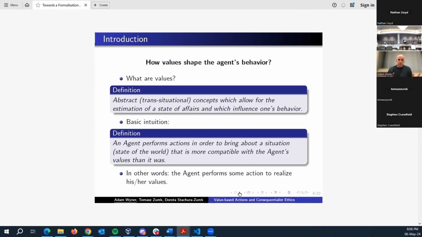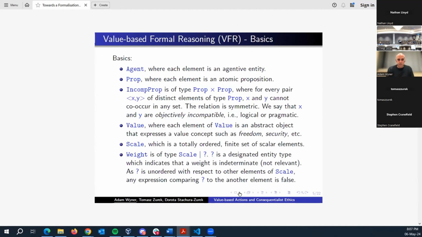You may decide which action to execute depending on your values. The basic intuition here is that an agent performs actions in order to bring about a situation that's more compatible with the agent's values than it was. So the precondition state is not so compatible with an agent's values, and the postcondition state is going to be more compatible with the agent's values. Next slide, please.